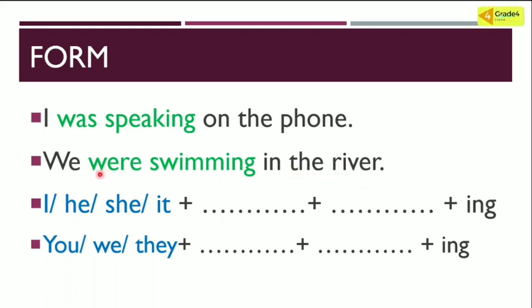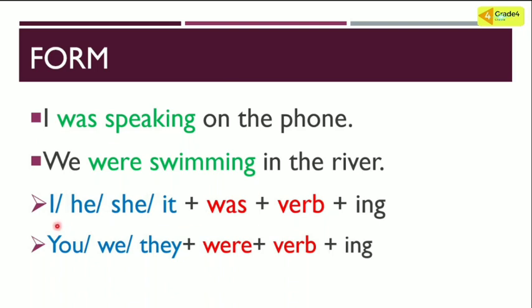If we look at the sentences, we can find that this is the form. If we use I, he, she, it, the verb to be will be was. And then if you, we, they, we use were.